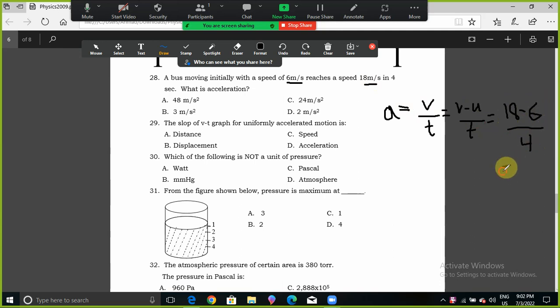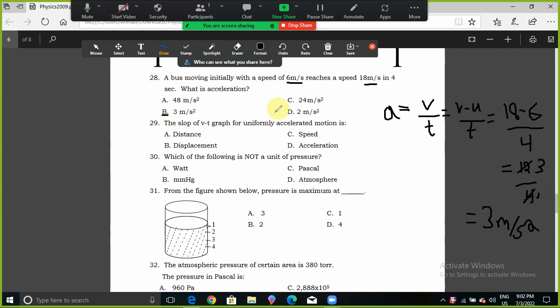That means 12 over 4, which is 3. So acceleration is equal to 3 meter per second squared. So the answer for question number 28 is B.